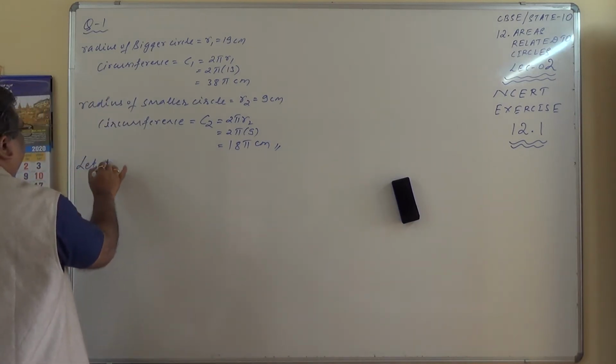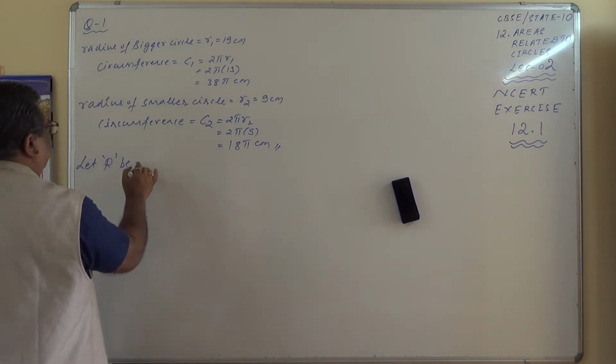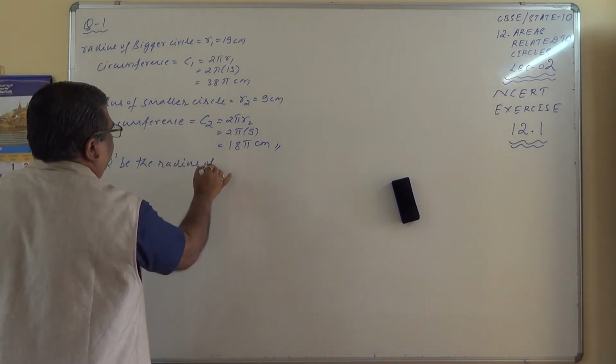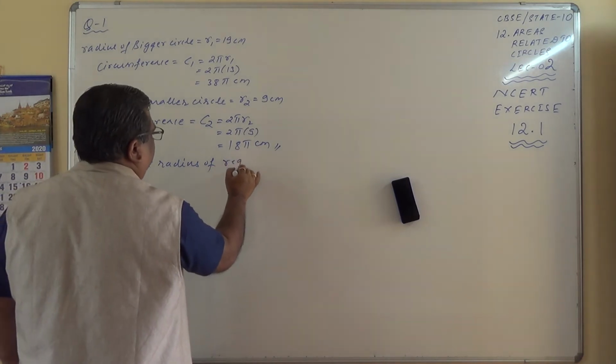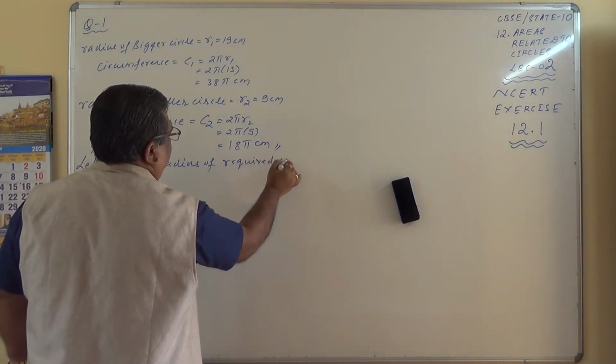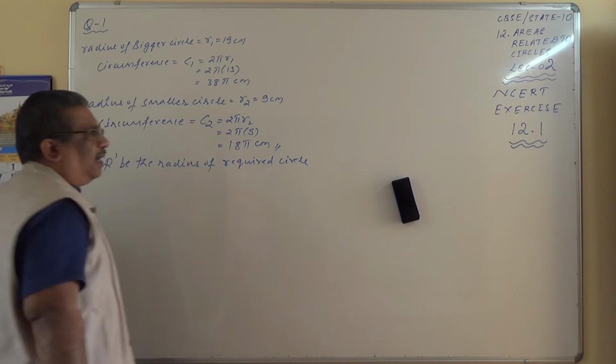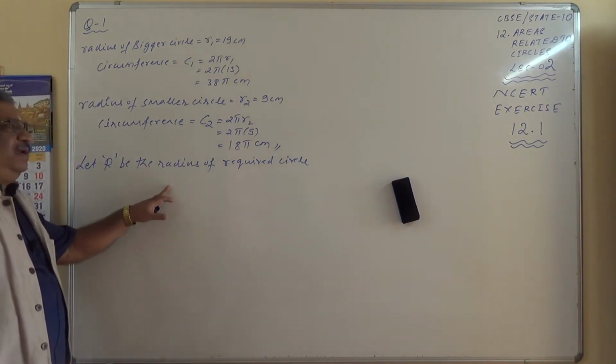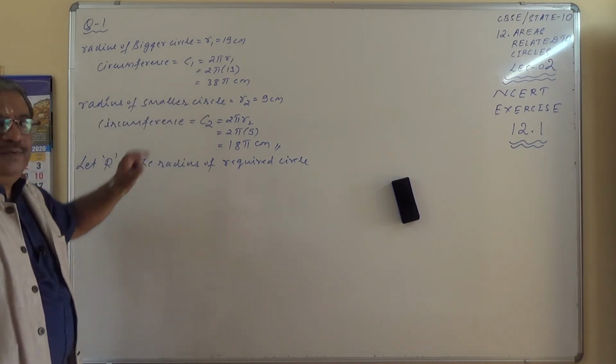Let capital R be the radius of the required circle. So circumference of the required circle will be C1 plus C2.